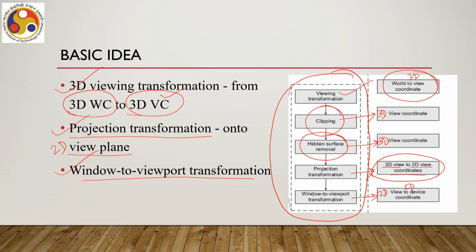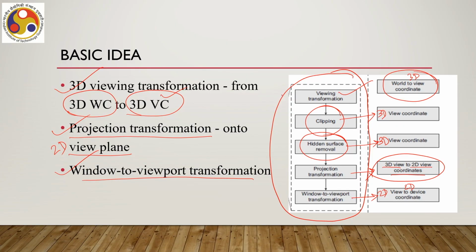Just to emphasize, the way we are explaining the pipeline, it is not necessary that this sequence should be followed in implementation. Different implementations can alter the sequence of the stages or sub stages. The sequence is not sacrosanct, it may be changed depending on the implementation.